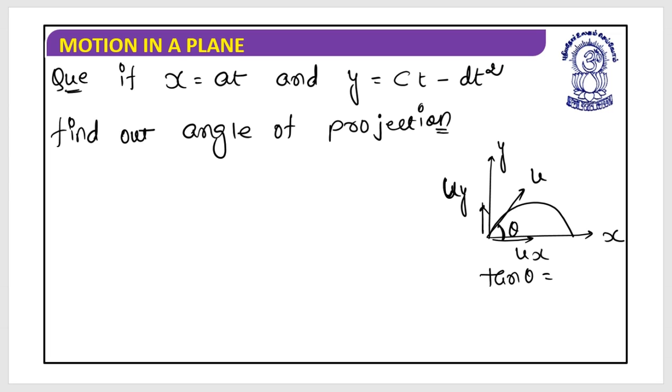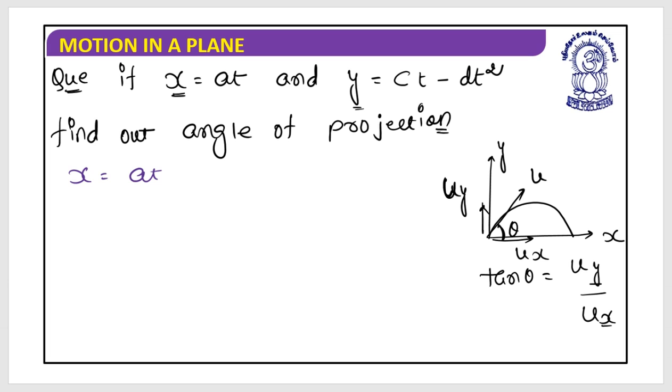So my tan theta equals uy divided by ux. Here I am given x and y, but I require a velocity.